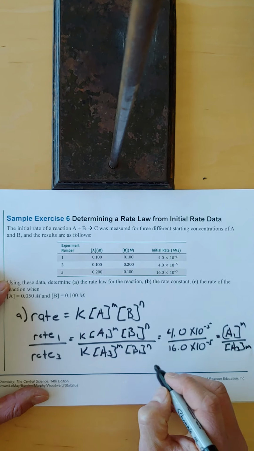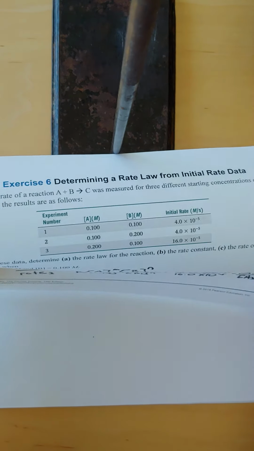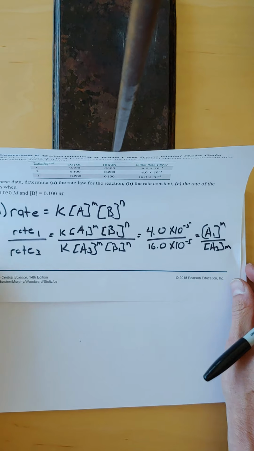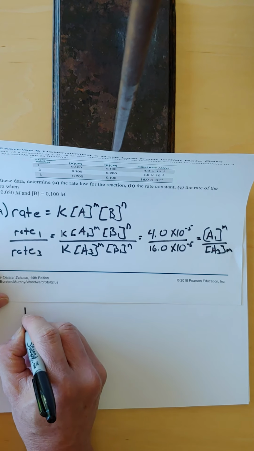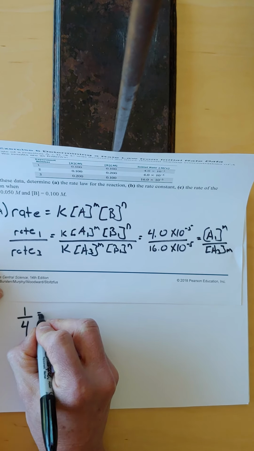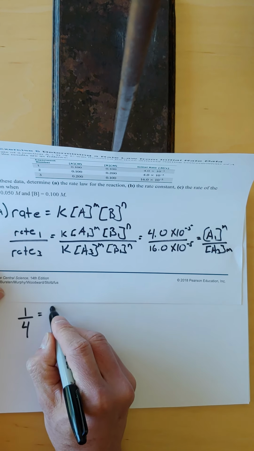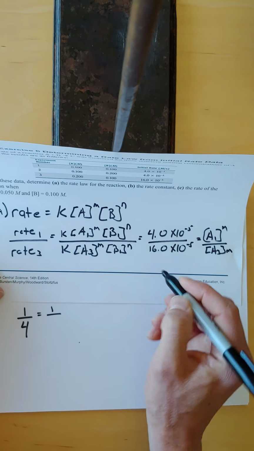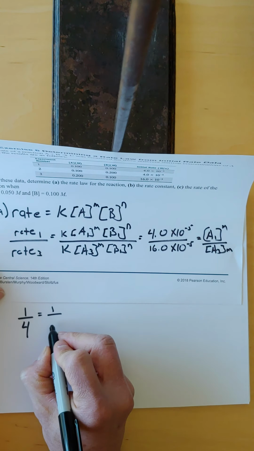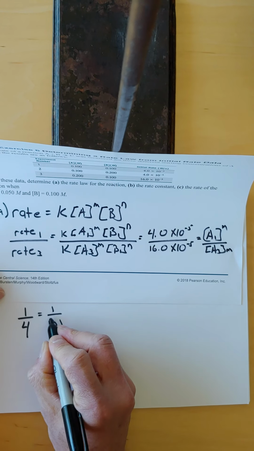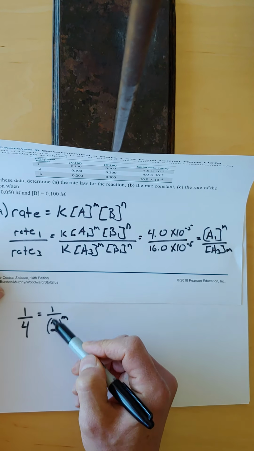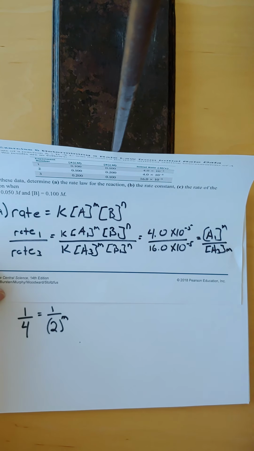So if we continue on with this problem, that means 1 over 4 equals 1 over, because I've doubled A, so the concentration of A3 compared to A1 is twice, so 1/4 equals 1 over 2 raised to the power of m.